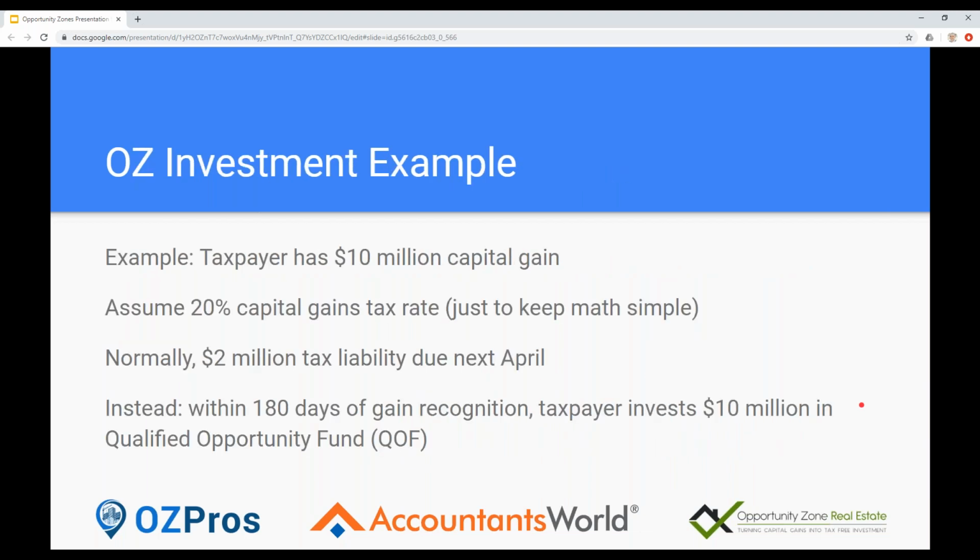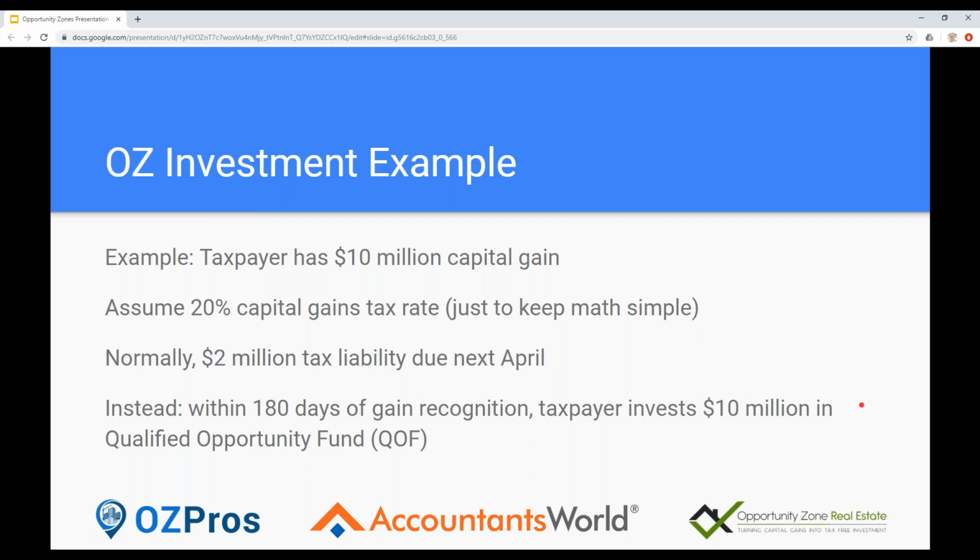So I'd like to go through an example now because I feel like that's always the best way to introduce this concept to people. So for example, let's say you have a client, a taxpayer, who has a $10 million capital gain, and we're going to assume a 20% capital gains tax rate just to keep the math simple. I'm ignoring the 3.8% net investment income tax, and I'm assuming a long-term gain rate of 20%, although I should point out that this program also does apply to short-term capital gains as well, which has a higher rate.